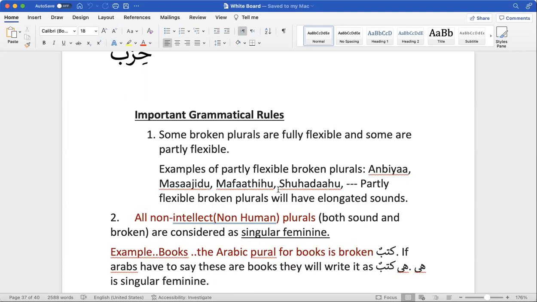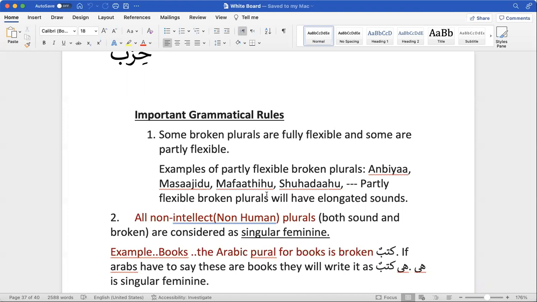Don't worry. Partly flexible means you see the a sound in marfu and in mansub, but when it is in majroor status, you don't see a kasra.